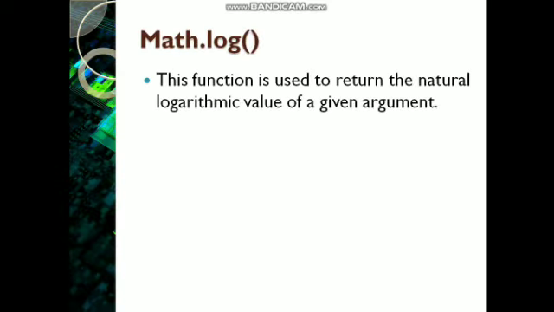Next method is Math.log. This function is used to return the natural logarithmic value of a given argument. A logarithmic table is a table where logarithms, most of the time to the base 10, have been listed in very small intervals, and they were used in the pre-computer age to find complex multiplications, divisions, interest, and much more in mathematics.